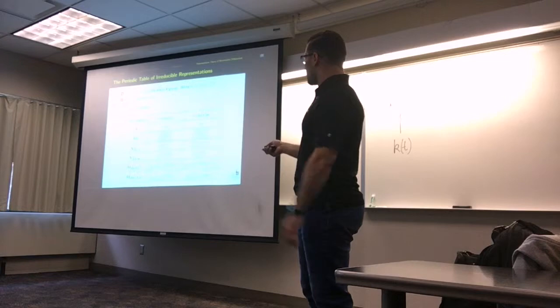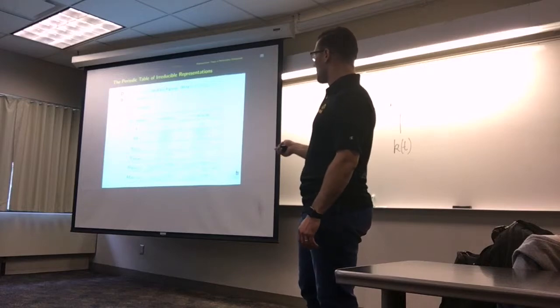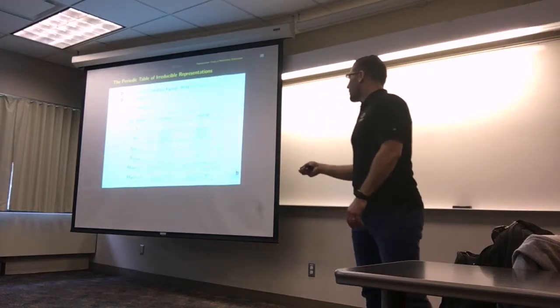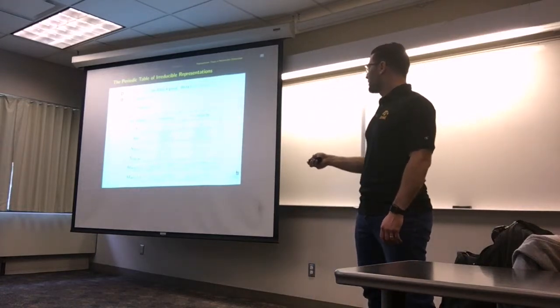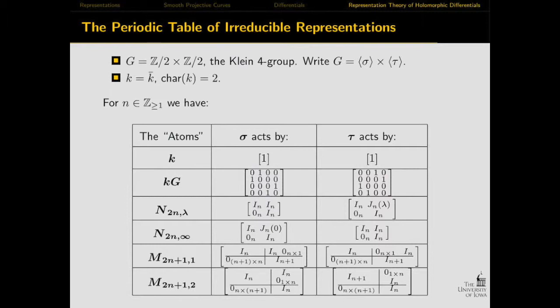And then I won't go through all these, but then we have the 4-dimensional vector space kG, where sigma and tau act by these 4-by-4 matrices. The only thing I want to point out in this last piece is that n can be anything bigger than or equal to 1, which means this part of the table is really an infinite piece. So in this universe, there are infinitely many atoms, infinitely many indecomposable representations that could possibly show up in a module, in a representation.